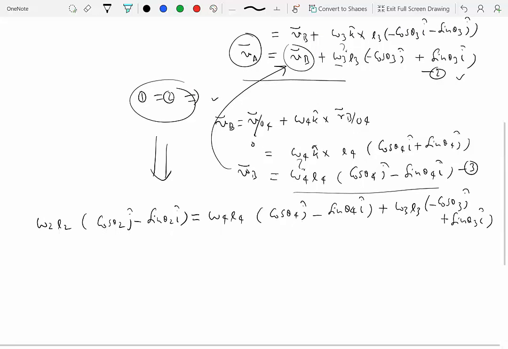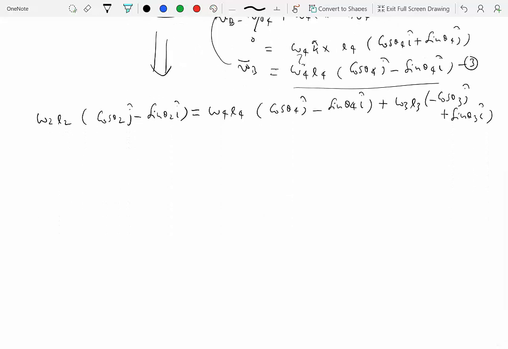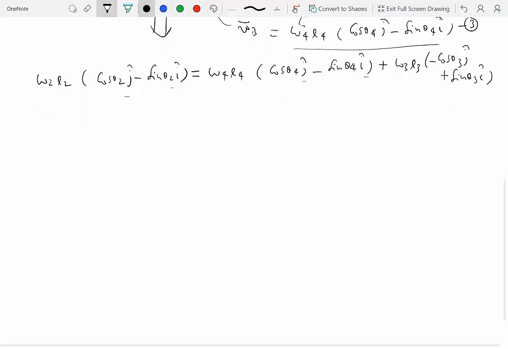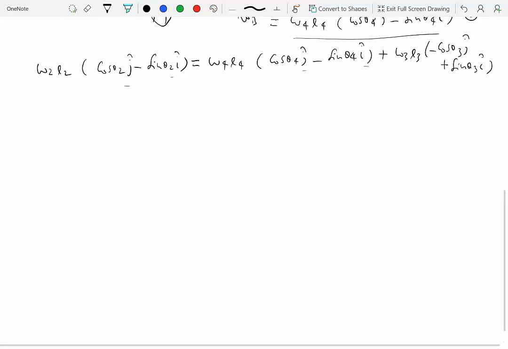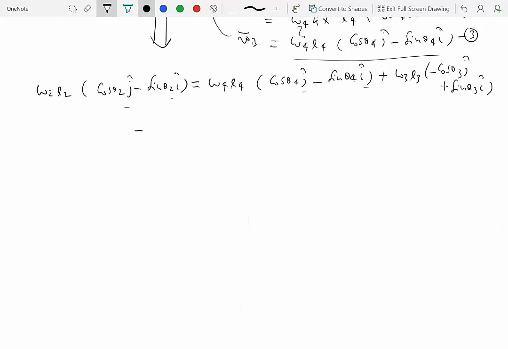All right, so this is what we get. This is one equation, right? On the left hand side we have i hat and j hat. On the right hand side we have coefficients of i hat and j hat. All we need to do is combine them together, right? And then we can write two equations. So coefficients of i hat: on the left hand side minus omega 2 L2 sine theta 2 equal to minus omega 4 L4 sine theta 4 plus omega 3 L3 sine theta 3.